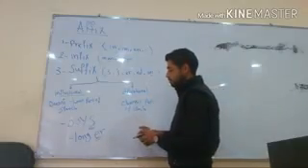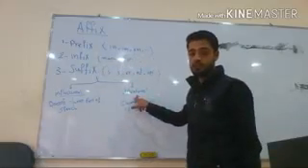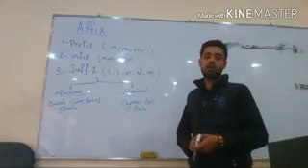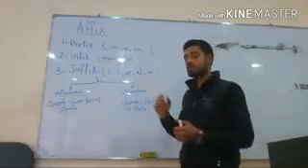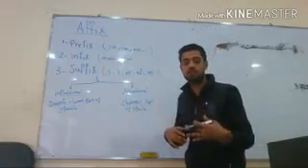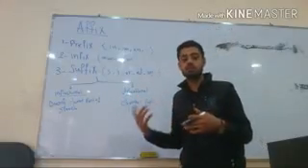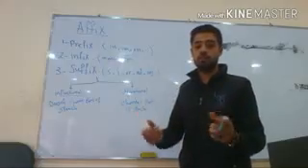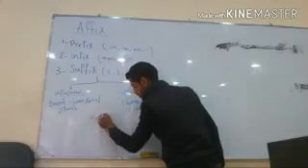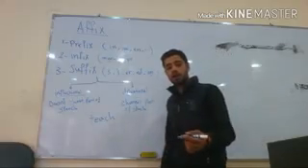Okay, the second one, which is completely the opposite: derivational suffixes. Derivational suffixes are a group of suffixes which change part of speech. This time they change part of speech. For example, if you have a verb and you add a derivational suffix, it will change from verb to noun. A simple example: teach.